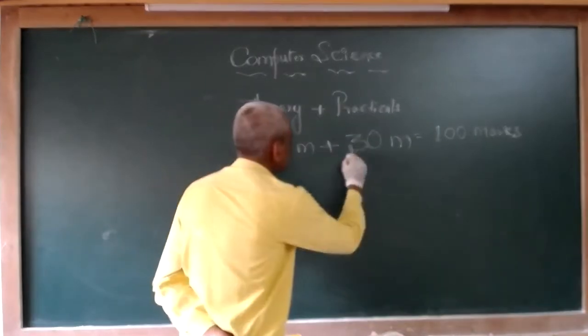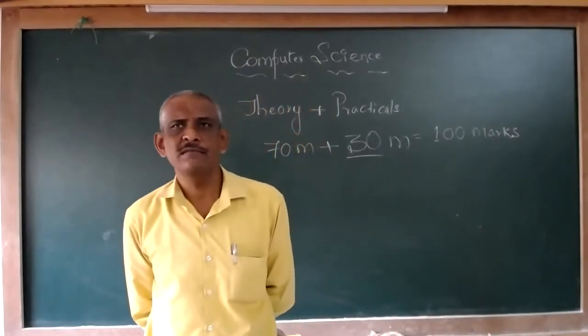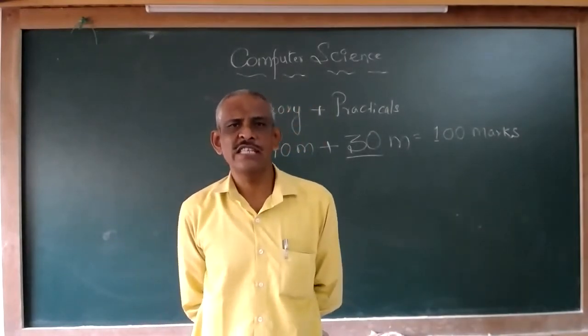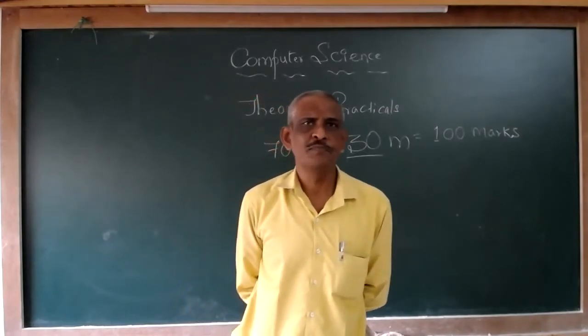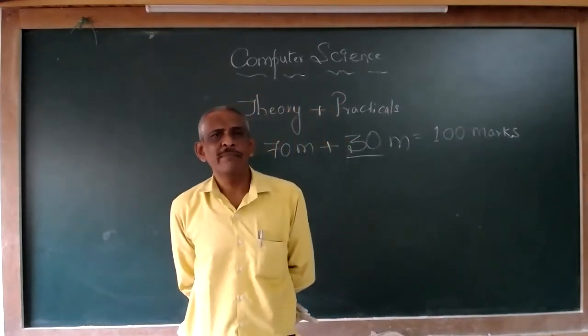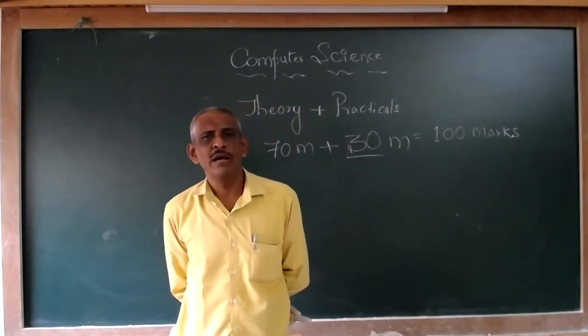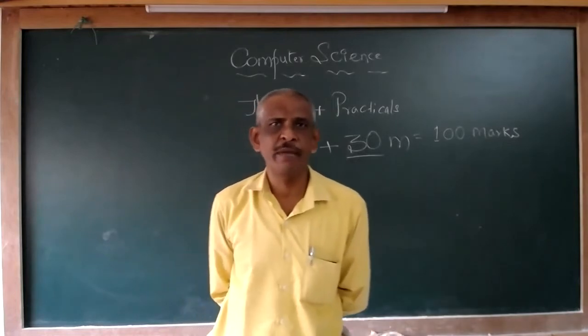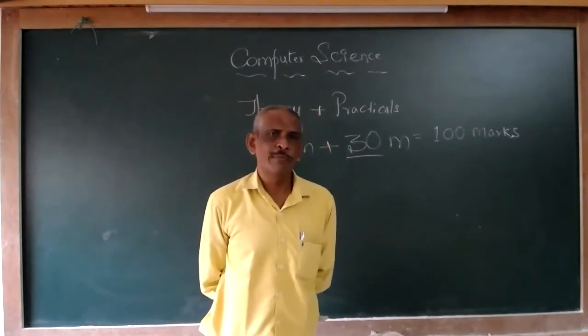Then for the 30 marks of practicals, we have 3 parts. In the first part, C++ programming, you will get one question. Then for the remaining two parts, part B and part C, we have MS Excel and HTML programming, and from that you will get one more question.